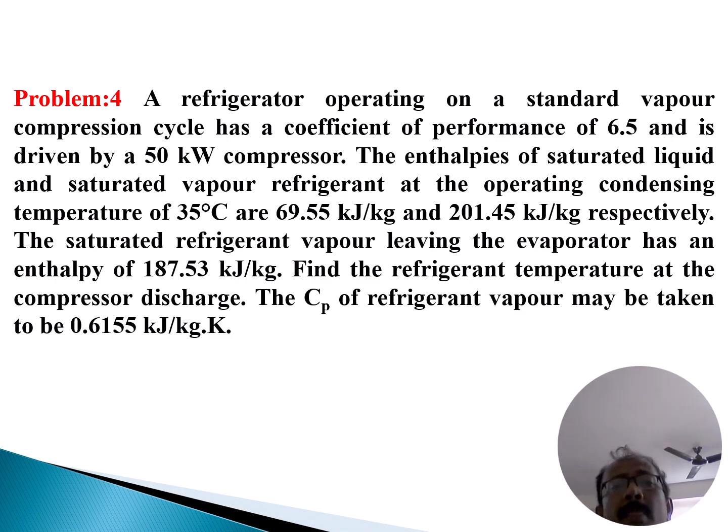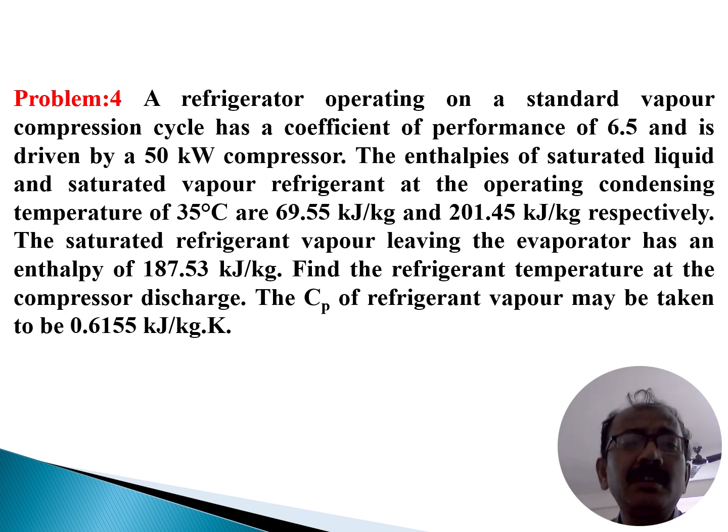Now the next problem. A refrigerator operating on a standard vapor compression cycle has a coefficient of performance of 6.5 and is driven by a 50 kilowatt compressor. The enthalpies of saturated liquid and saturated vapor refrigerant at the operating condensing temperature of 35 degrees centigrade are 69.55 kilojoule per kg and 201.45 kilojoule per kg respectively.